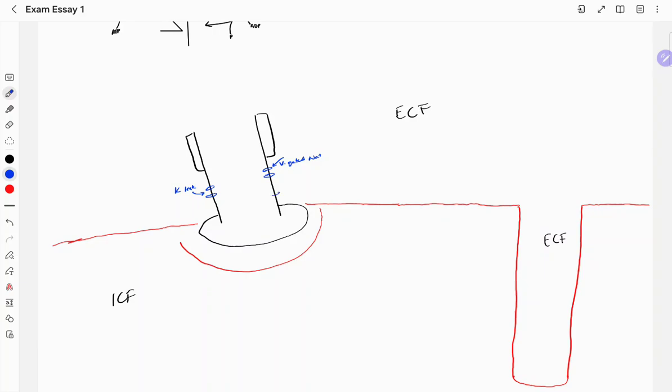We have some voltage gated calcium channels, and we also have these vesicles here in the terminal end of the neuron.